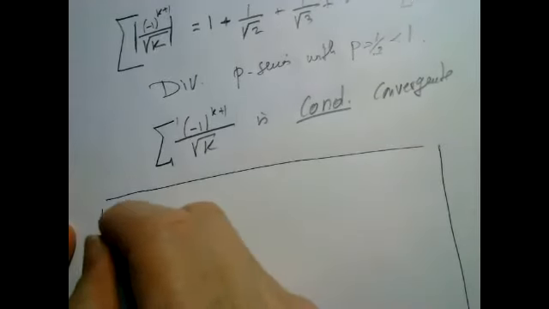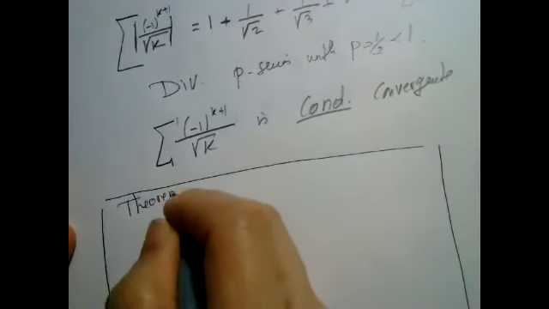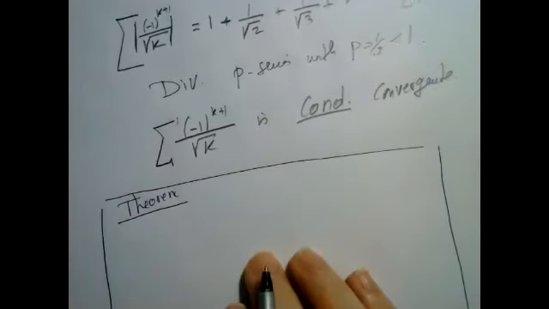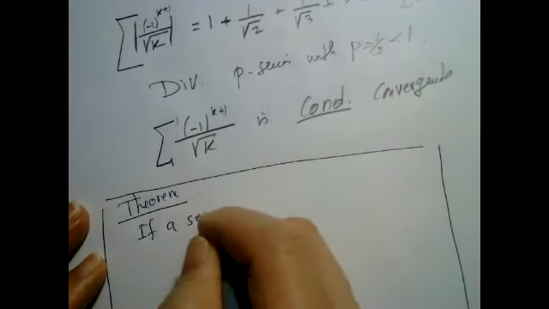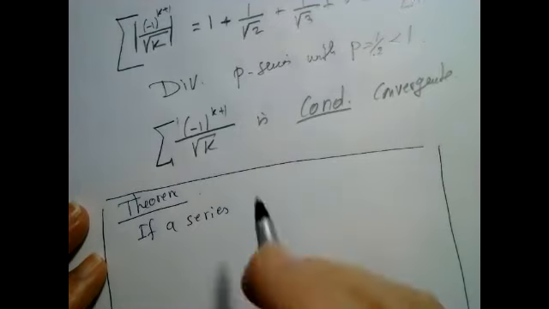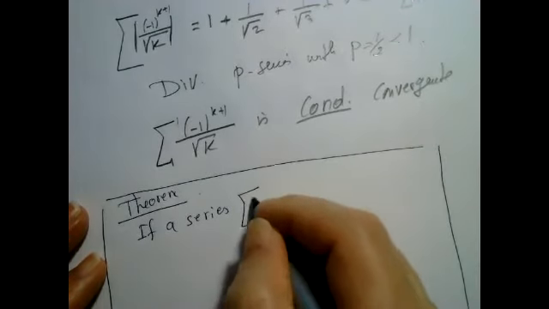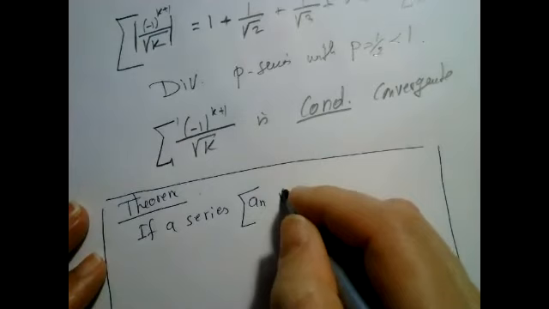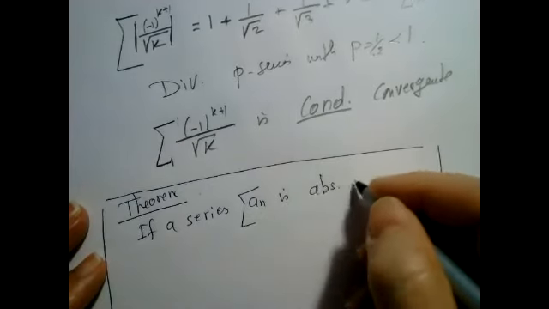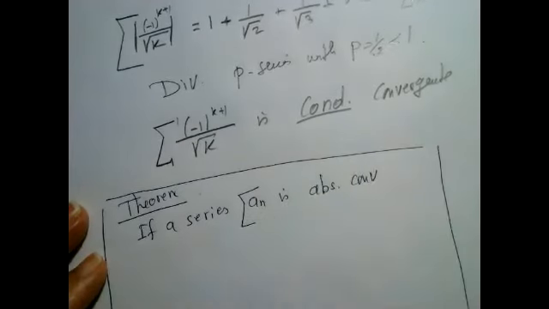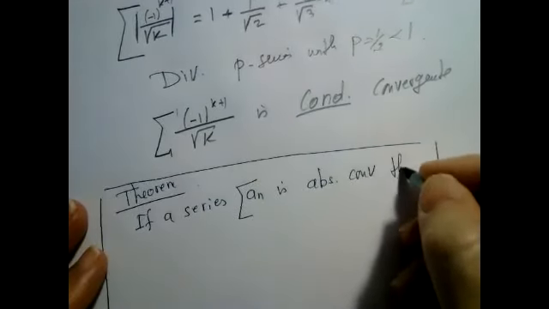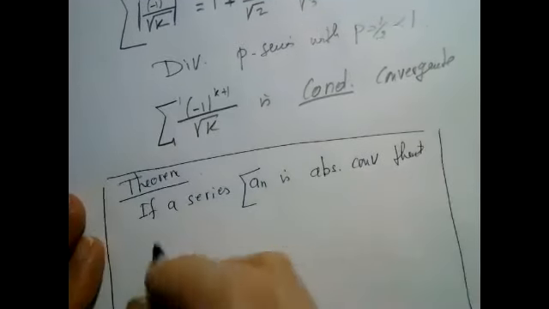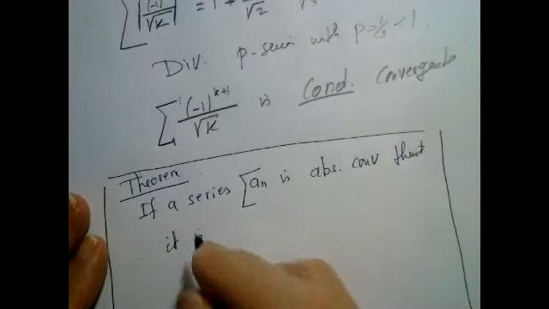Theorem. It states that if I have a series sigma a_n that is absolutely convergent, it means when plugging in the absolute value it's convergent, then it's also convergent without the absolute value.